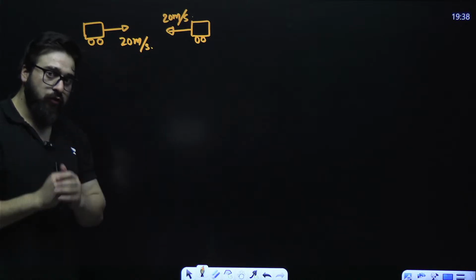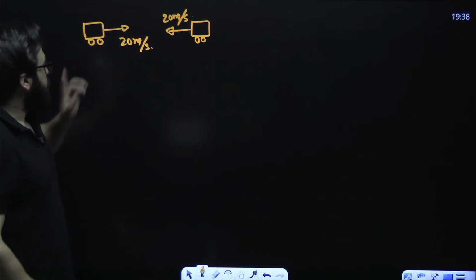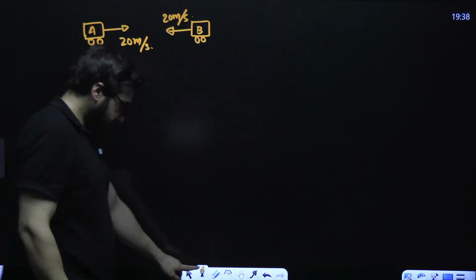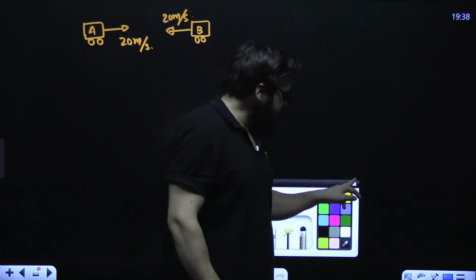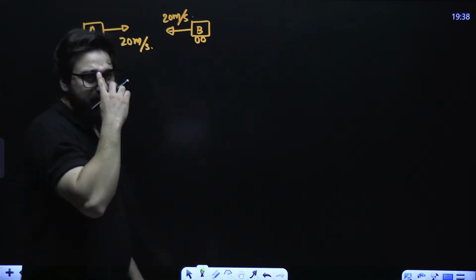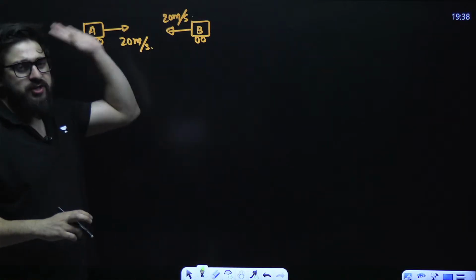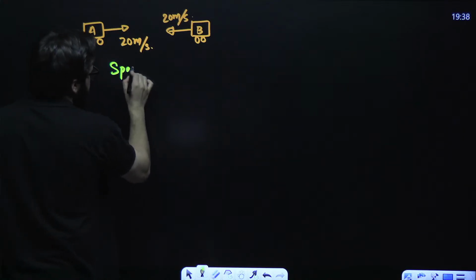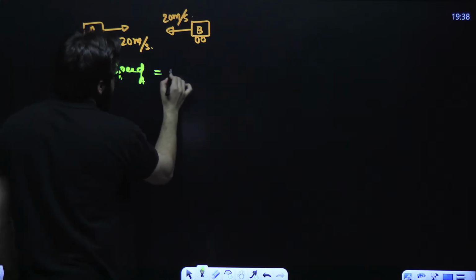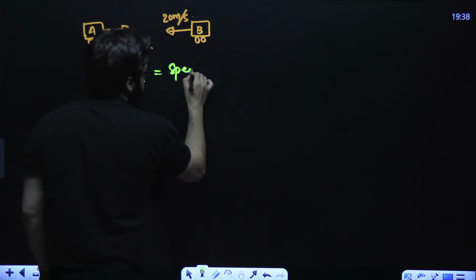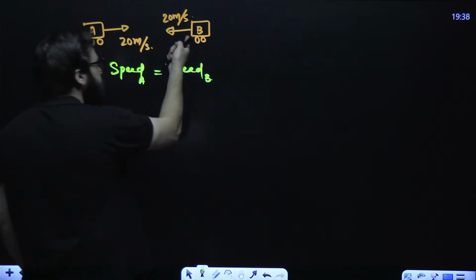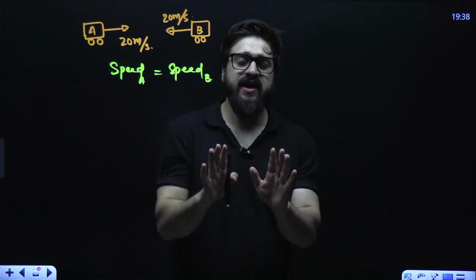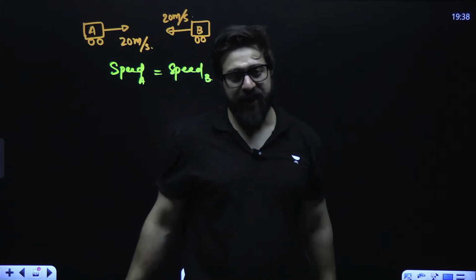If I ask you, for this car A and this car B, what is similar in A and B? You'll simply say the speed of this car is equal to the speed of this car. Speed of A is equal to speed of B, because both are moving with 20 meters per second, so they are moving with the same speed.